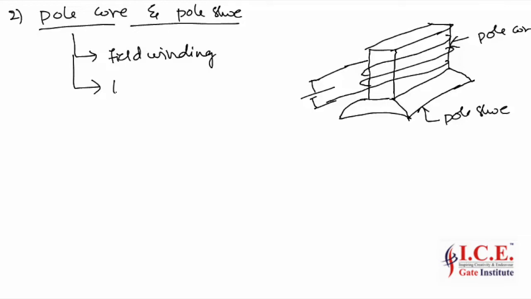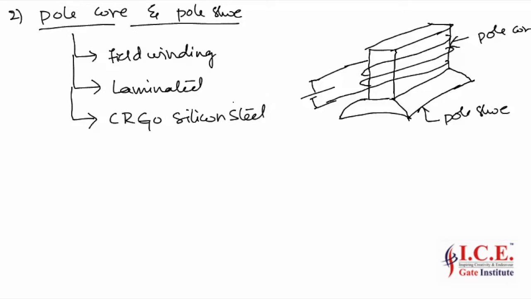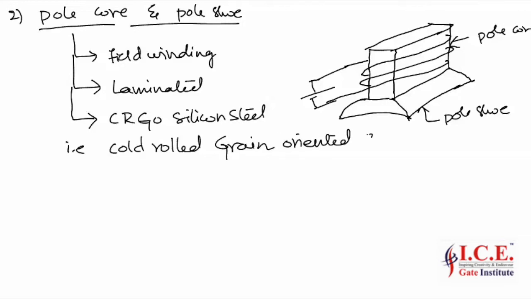It is a laminated one, and the material used to manufacture this pole core and pole shoe is CRGO silicon steel, that is, cold rolled grain oriented silicon steel.